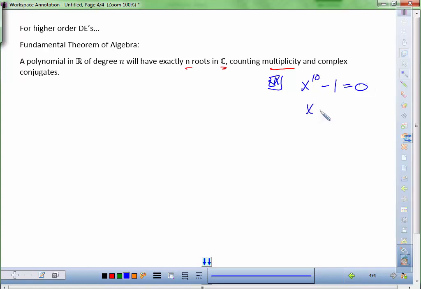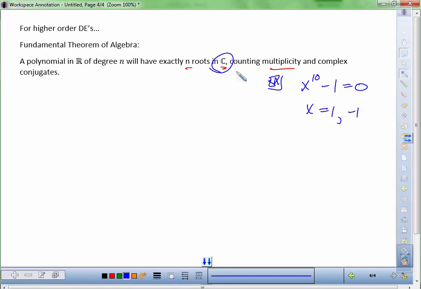So x equals 1 is your solution. Oh, also -1, right? If I'm supposed to have 10 solutions here, I only have 2, so I'm missing 8 solutions. It turns out that those other 8 solutions are complex.